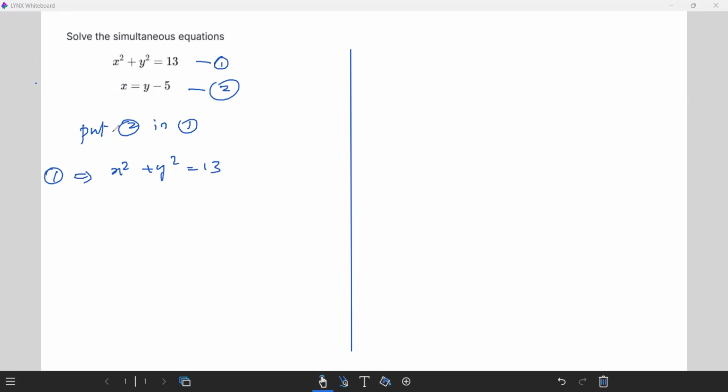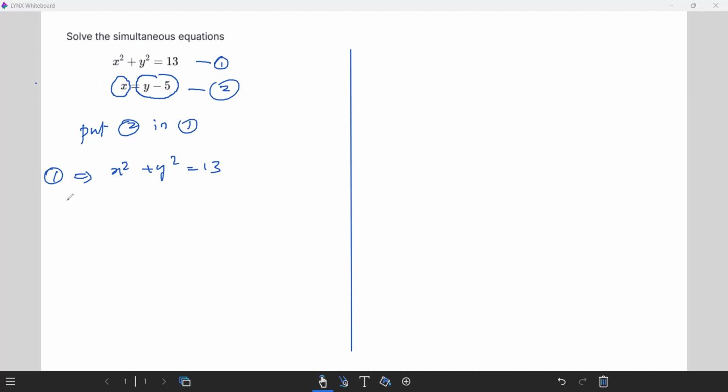And since we said that we substitute equation number 2 in 1, equation number 2 is x equals y minus 5. So in place of x, I'm going to substitute y minus 5.